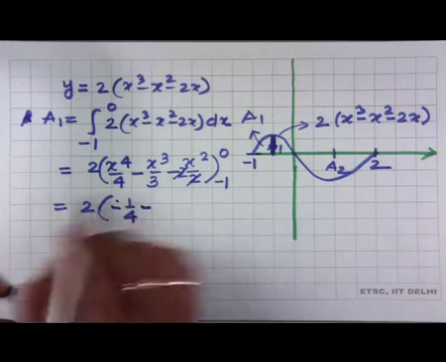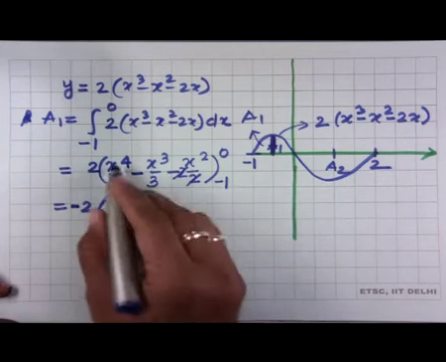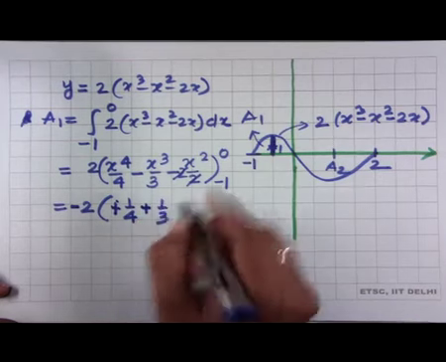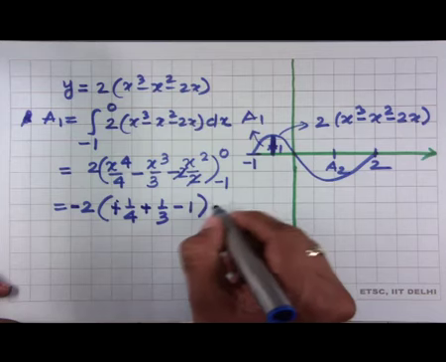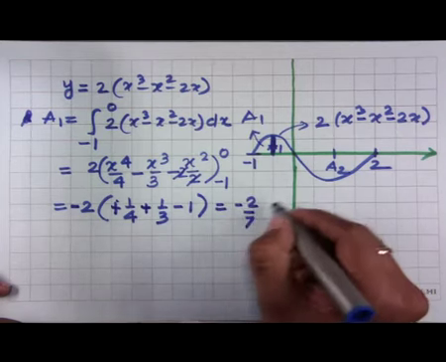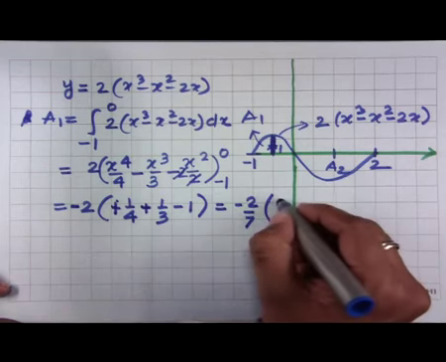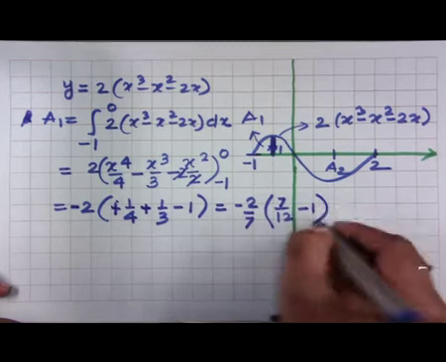So, I have to put minus of, then so this value, so this is plus and then this will be 1 by 3 and then this will be minus 1. So, this is minus 2 by 7 and this is 7 by 12 minus 1.